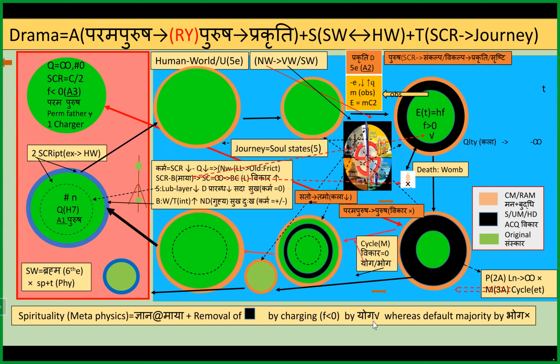So you have to charge by yoga. Default souls will get initialized by bhog, and very special souls who are going to experience the prarabdha of heaven will get charged by yoga. So that was explained.